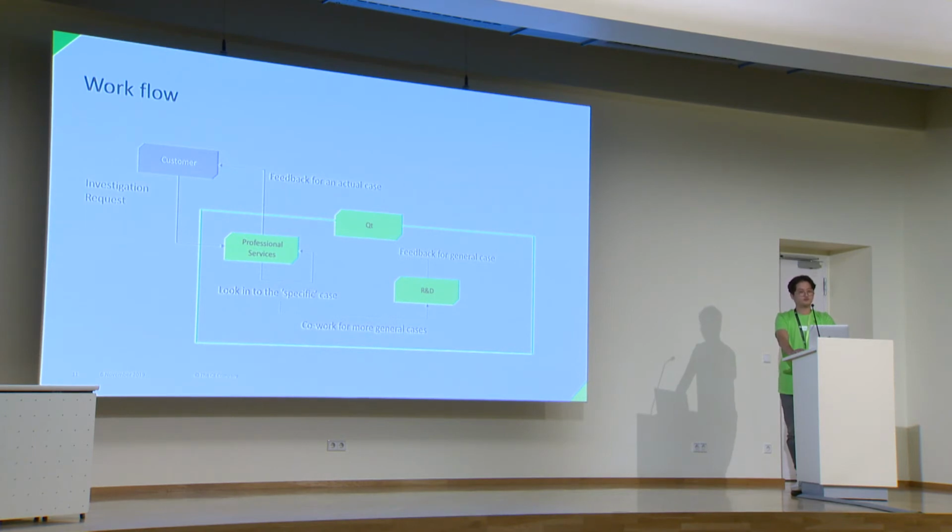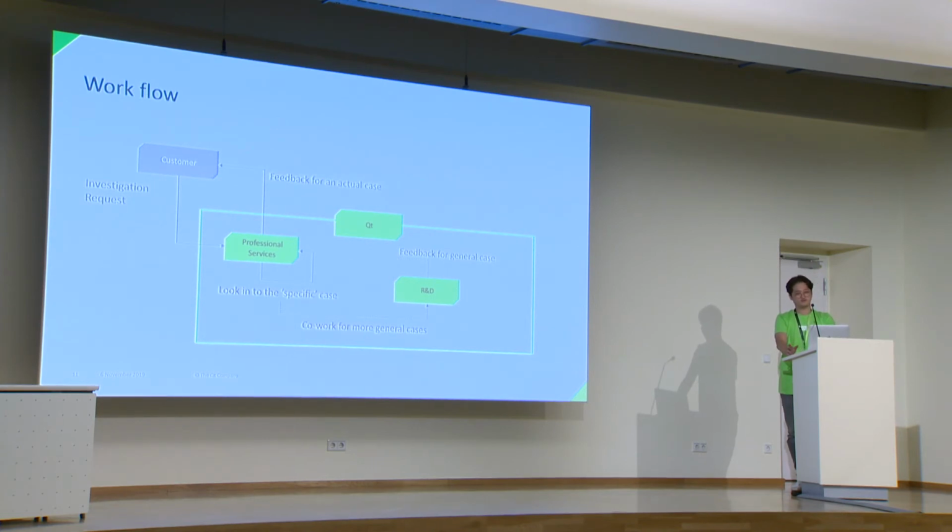However, the professional service engineers are not God. They are not super experts in everything. So when they find that this is not really a specific field and we need deeper insights about the issue, then we reach out to our R&D team, where the more specialists of Qt are. We co-work with the R&D engineers and investigate these issues deeper.